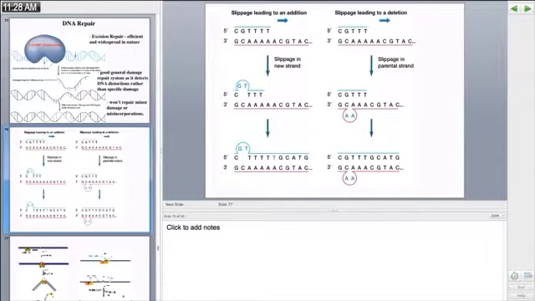Now, I can't remember who it was, but somebody came up after class on Friday and asked a great question. I don't remember who you are, but remember when we were talking about slip strand mispairing and the fact that the nascent strand of the DNA can loop out like this and re-base pair with the template to reinitiate.